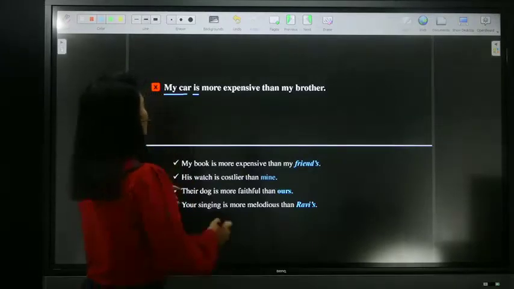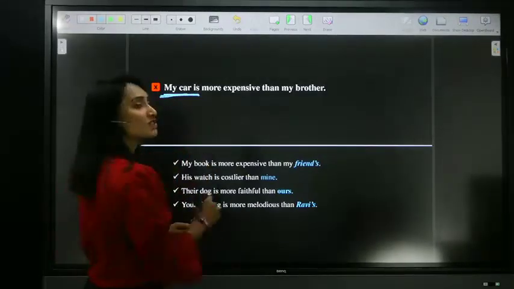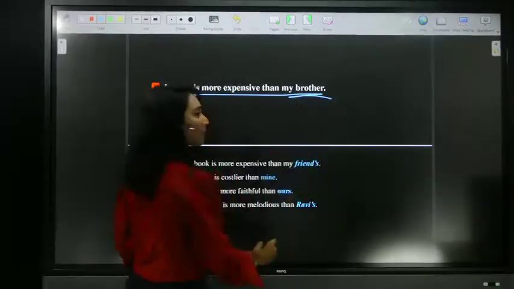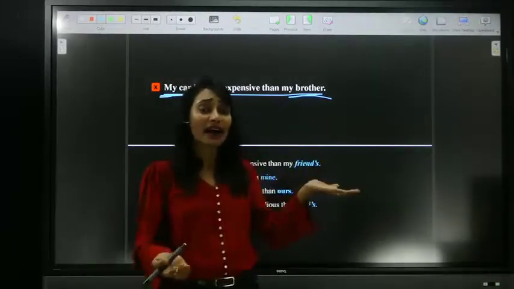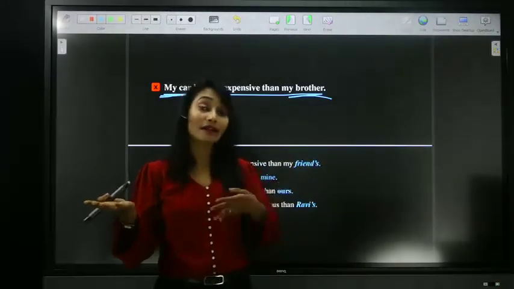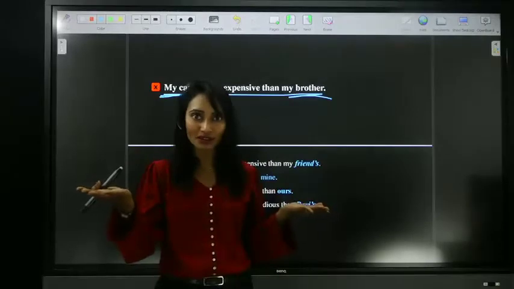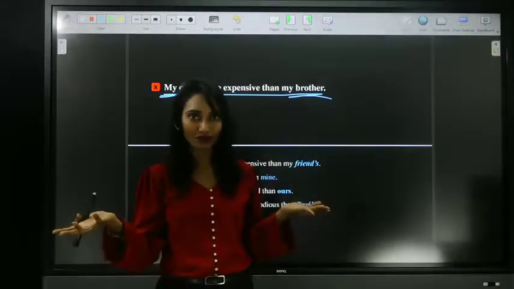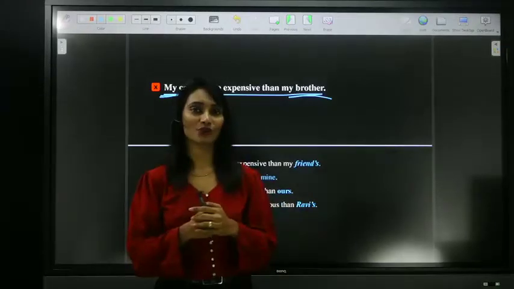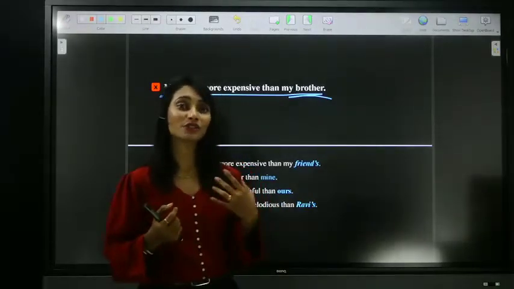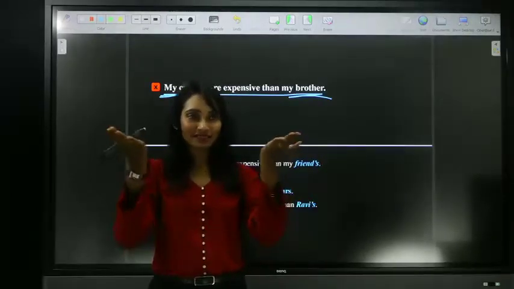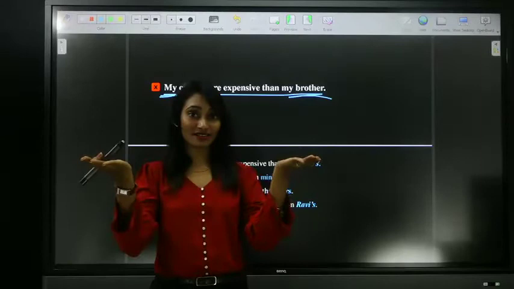See, you have to compare two things which are of the same type. You cannot compare a car with a brother. Is the brother for sale? Can you value him? No. That means the author wanted to say the comparison between two cars, right?